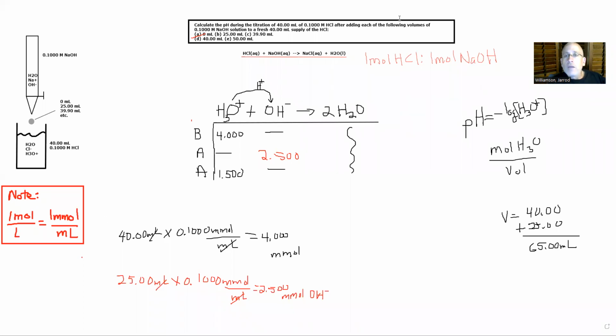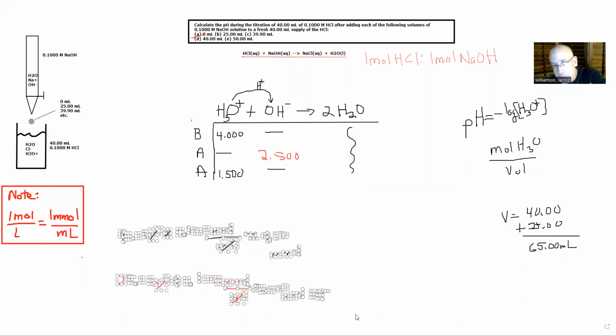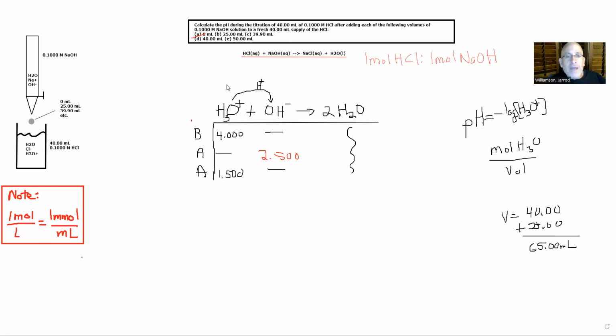I can now calculate the pH after I've added 25 mL. The pH, oh, first off, let me do this. I need to calculate, I'll show you calculating the hydronium ion. I should have done that first.